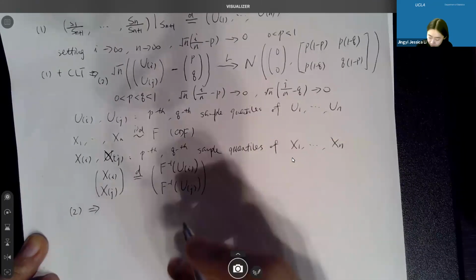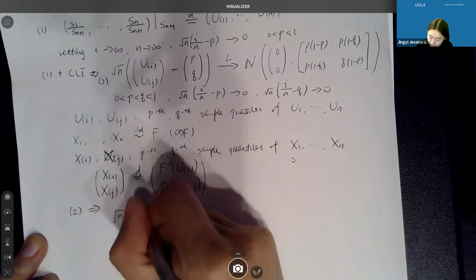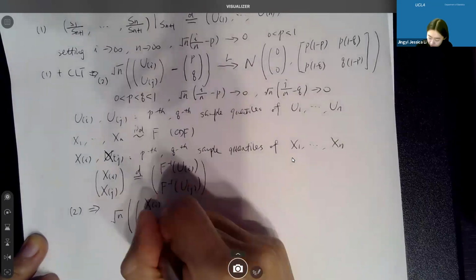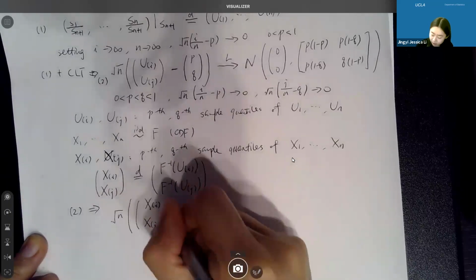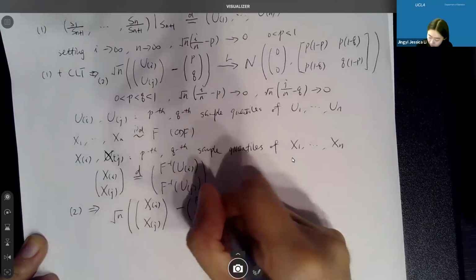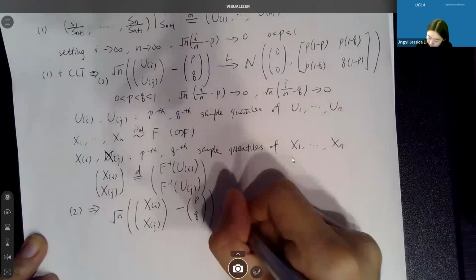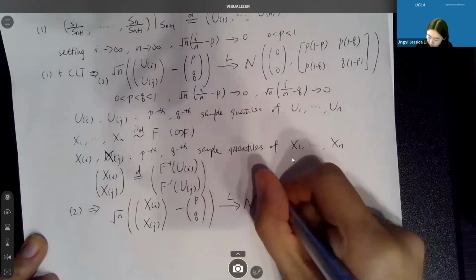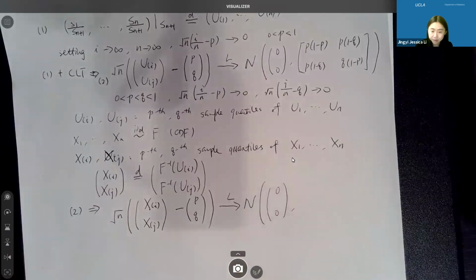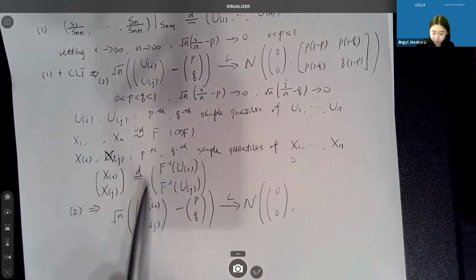So we could have root n times this Xi, Xj minus pq converge in law to still a zero mean normal distribution. But now with the delta method, right? The delta method is going to be applied based on this F inverse transformation.